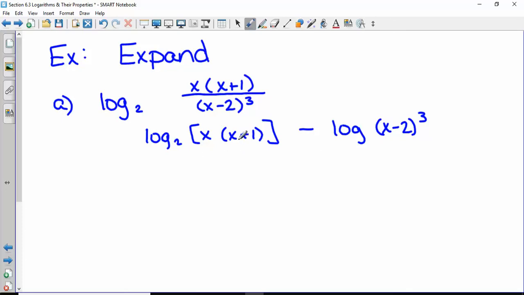Now on the top, if I have things multiplied, can we break that apart? Yes. So we can do each one.